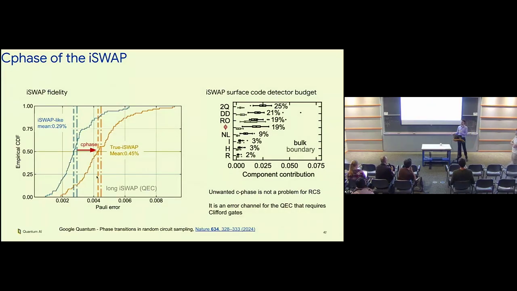Or another way would be if there was a way to echo out the C phase through a cycle or multiple cycles. That would also be a way. I tried in Crumble. I didn't manage to get it to work. But it's not impossible that it's possible. It's just that nobody has it yet.